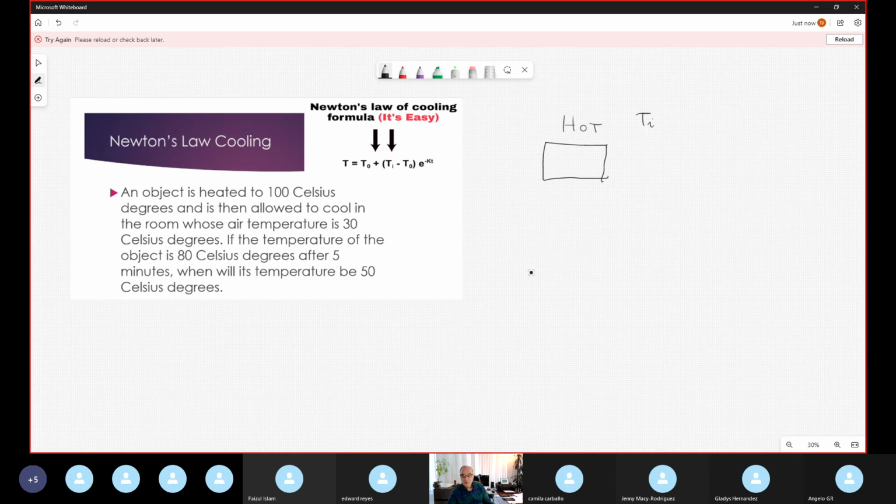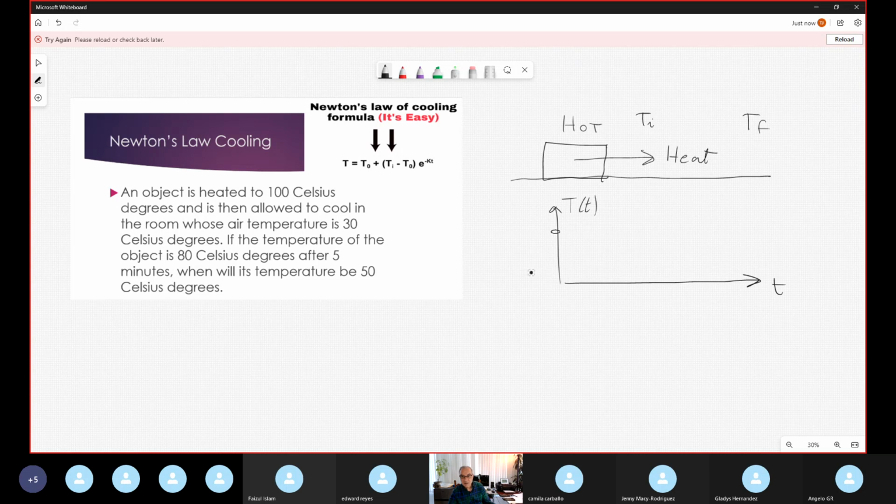But when you leave this hot object in a room, of course, this room has air conditioning, we have a final temperature because the heat is transferred outside the object and the temperature decreases. Like that. This is the time, and the temperature at any time.